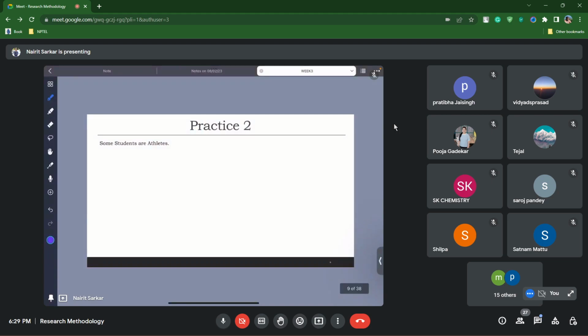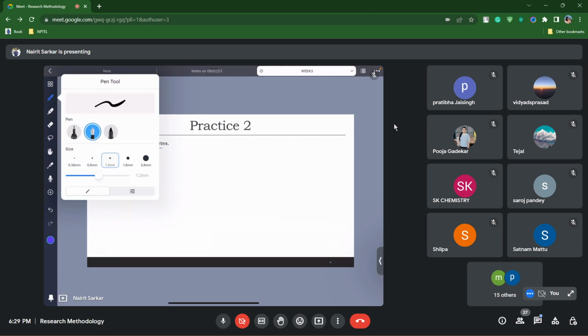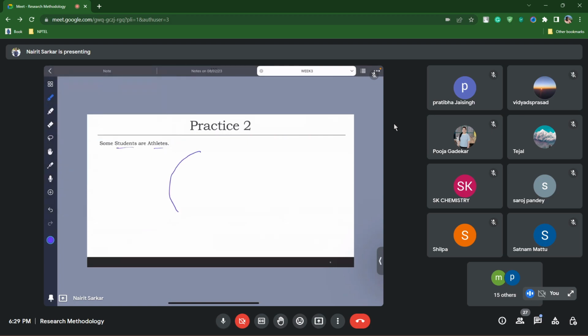Some students are athletes. So if I draw a big circle of students, where should I shade? 1, 2, or 3? I need answers.